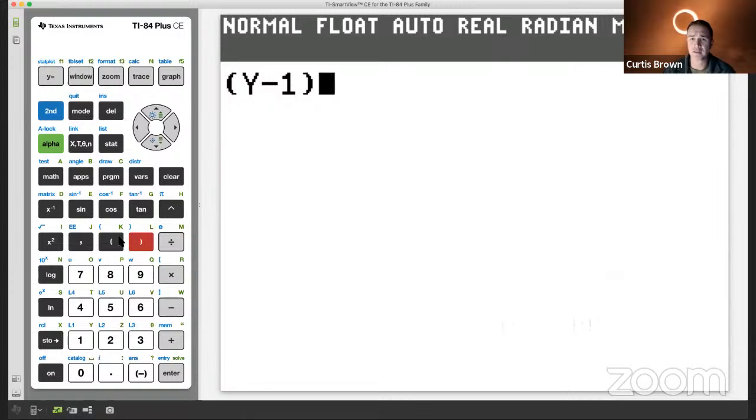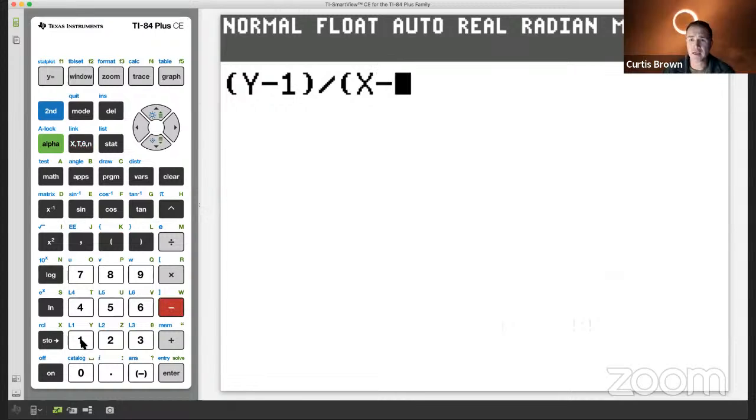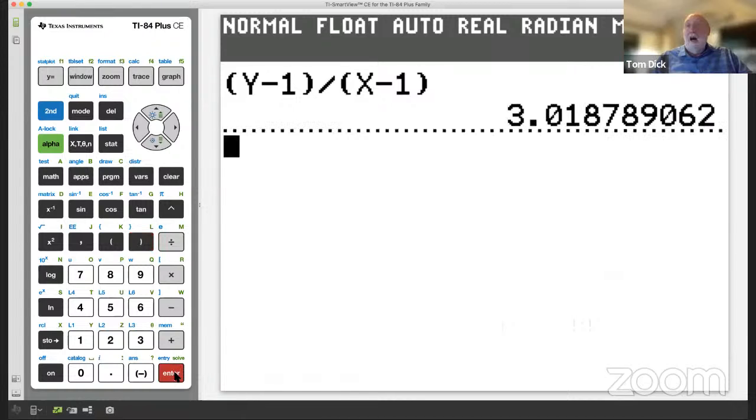And then divided by the same expression, alpha x minus 1. That's going to be the latest value of x, which were the ones that we saw on the trace screen just a little while ago. And now if you hit enter, you should be able to get that. So there's that 3.01, much closer to 3.